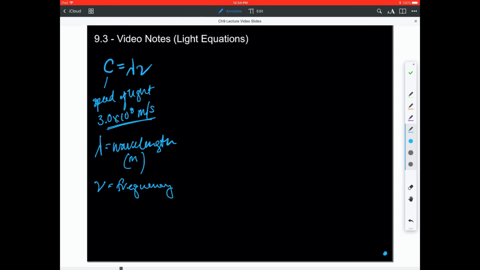So wavelength, going back to what's in your book, is crest to crest, or trough to trough, however you'd like to look at that. Frequency, its unit must be what, based on the fact that that's meters per second? 1 over seconds, which is symbolized as hertz.